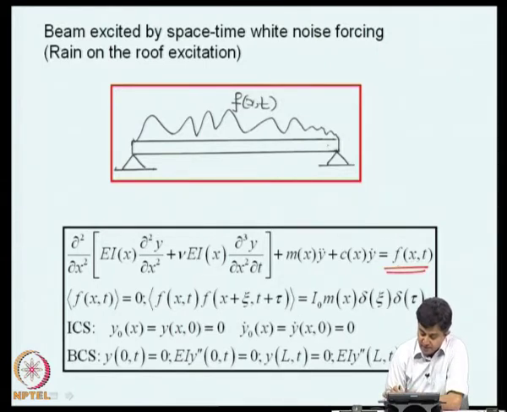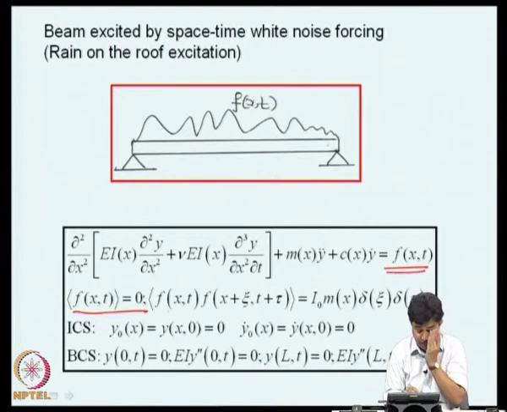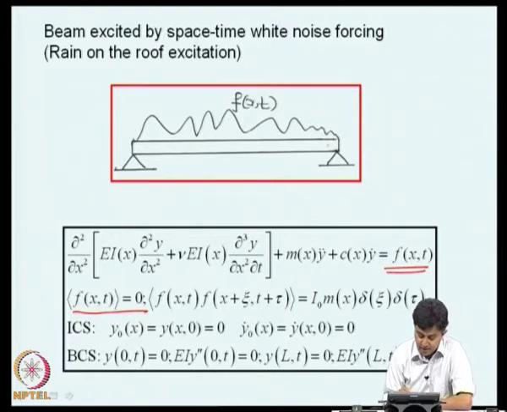Now, the property of f of x comma t is that the mean is 0, expected value of f of x comma t is 0, but if you find the covariance between f of x comma t and f of x plus psi and t plus tau, this is given by an intensity parameter I naught, and this m of x, which is this mass here, and delta of psi into delta of tau.